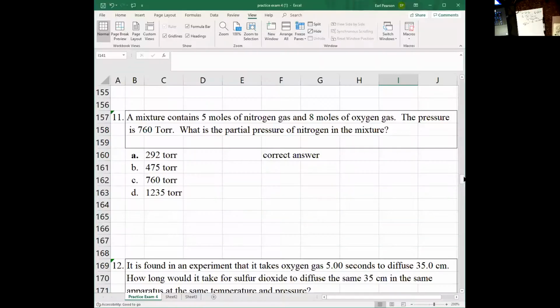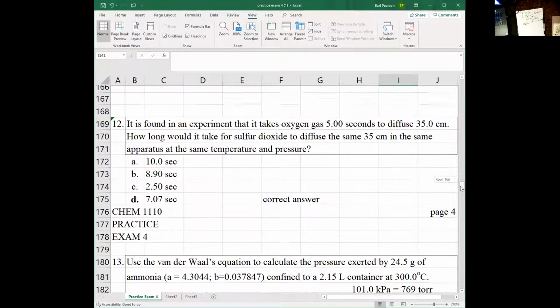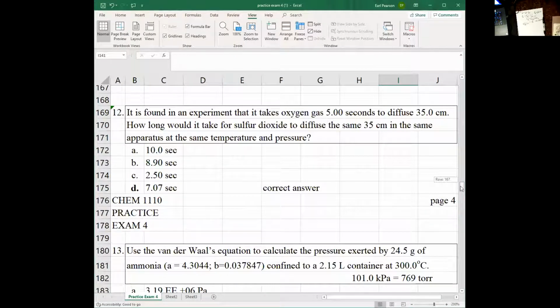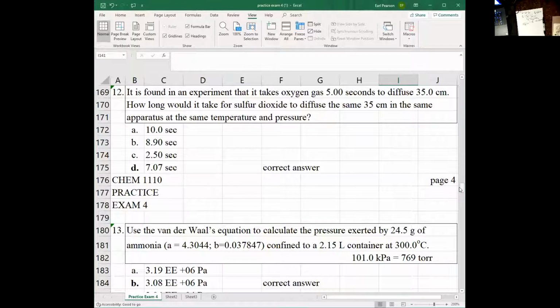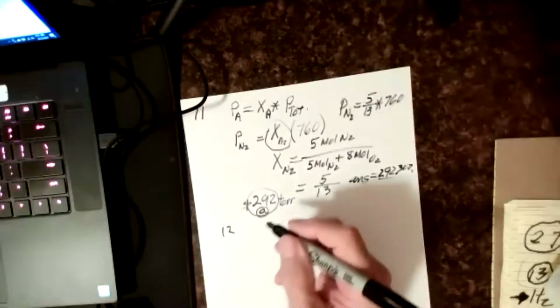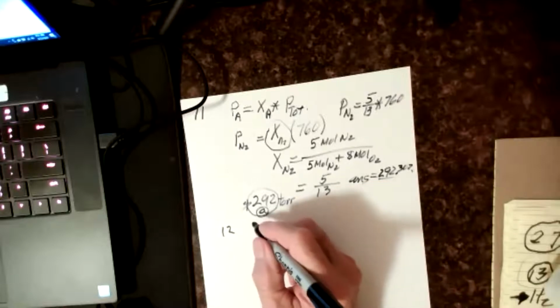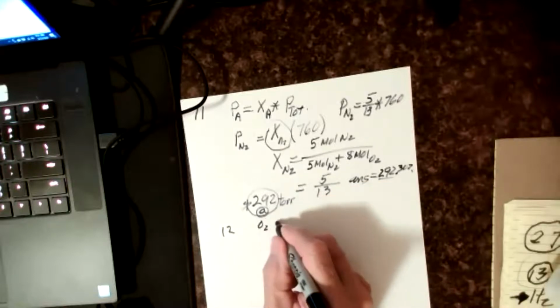And the next one is number 12. Okay, number 12 is a Graham's law problem. So let's set up. Now we've got an experiment. We've got O2 gas.